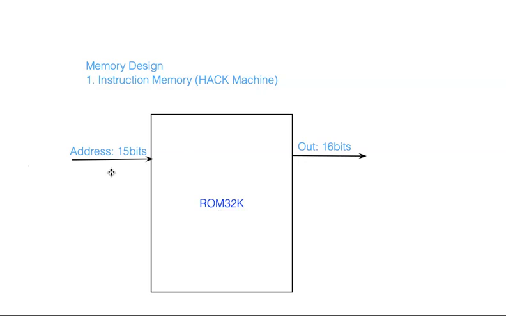One question: why do we only have 15 bits? Please write your answer in the chat, or you can directly talk to me. Please think about why we only have 15 bits. And our RAM size is 32K.